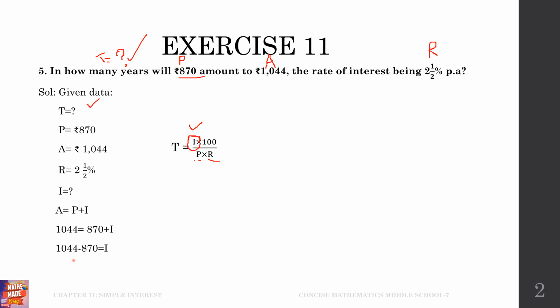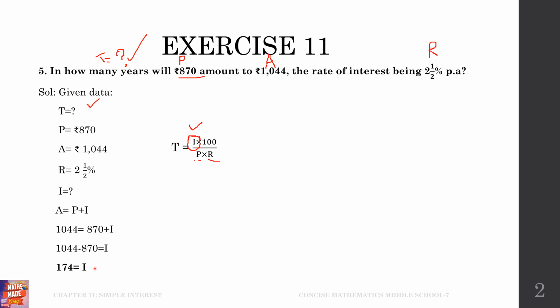That means 1044 minus 870 is equal to I. When you subtract this, you will get 174 interest, right? So we are going to pay the extra amount of 174 for the money 870. Right children, so for verification, if you add 870 plus 174, you will get 1044 rupees, right?